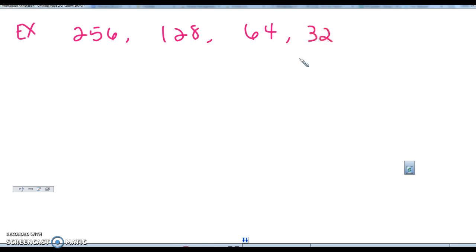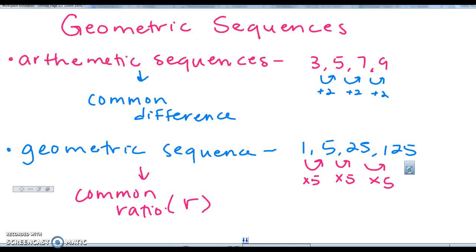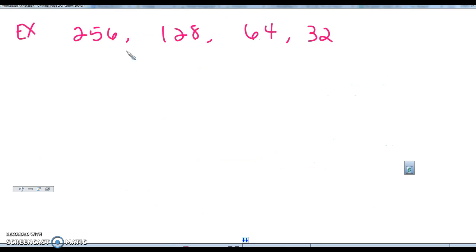So we can be looking at some examples here. We'll start with 256, 128, 64, 32. Well, the first one I looked at, 1, 5, 25, 125, I was multiplying by 5, and I was getting bigger from that 1 to the 125. Here I'm starting at something that's 256, and I'm getting much, much smaller. So instead of multiplying by a whole number like 5, I'm probably multiplying by a fraction.